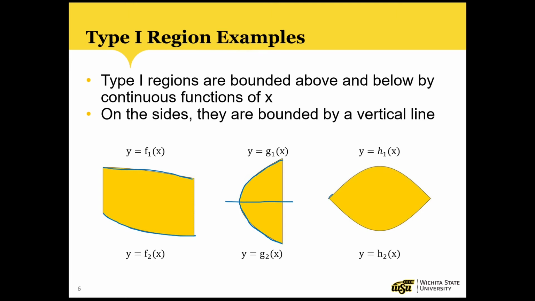And then for the final example here, we see that those are our two continuous curves defining the top and bottom regions, and our left and right endpoints for the x direction are just given by those values.